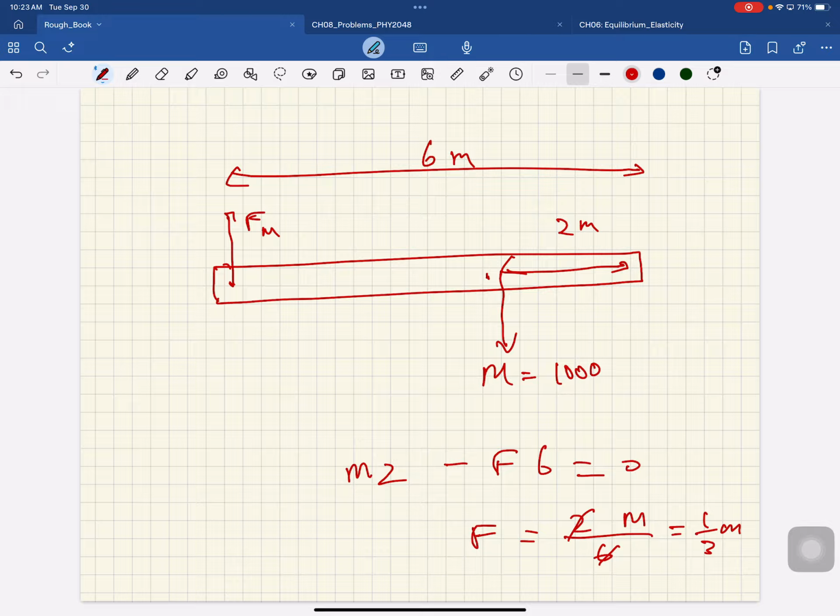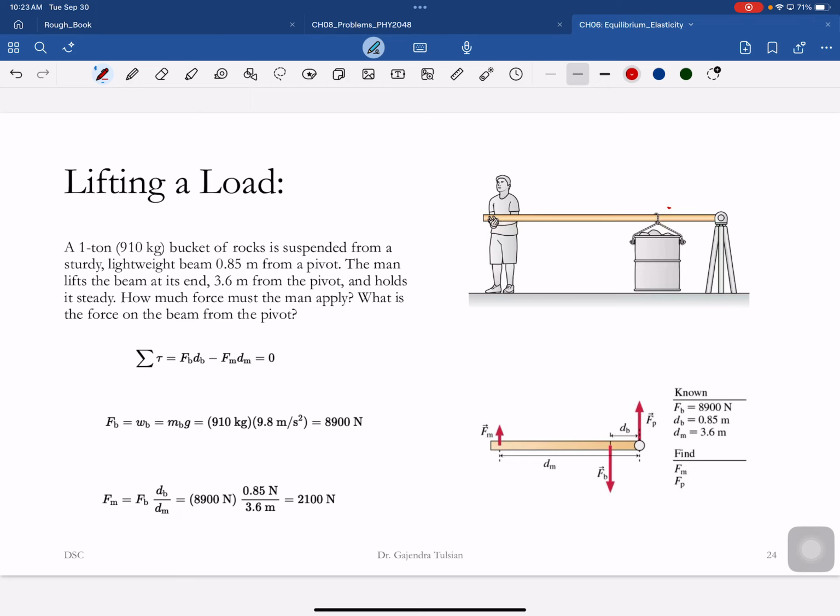So what we are saying is, if this distance is 3 times this distance, then the force you're applying is 1/3 the weight of the object. The greater the lever arm, the smaller the force you have to apply. If you're 4 times as far as this distance, you would apply 1/4 the force.